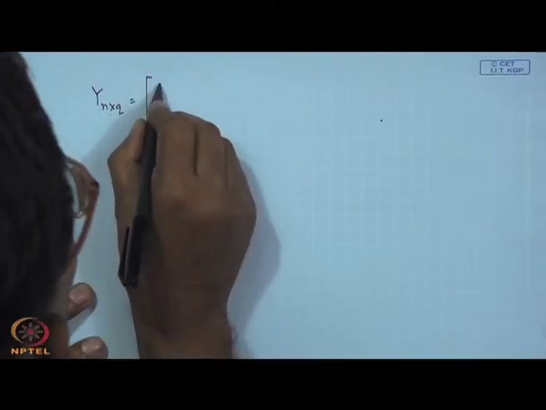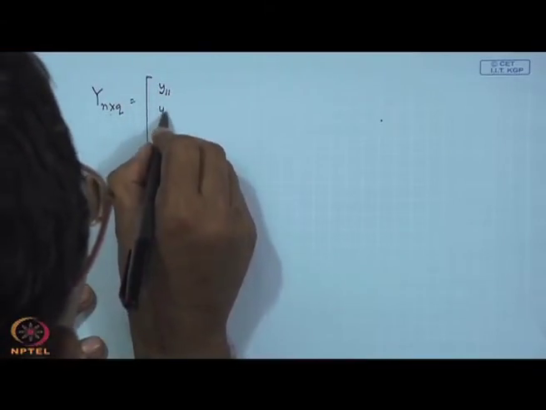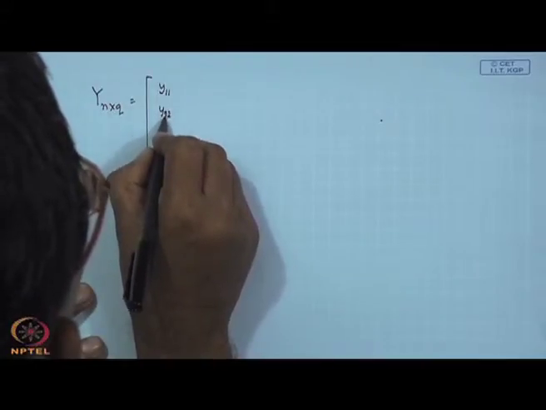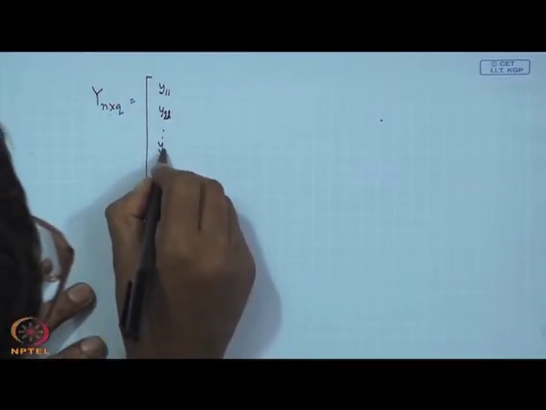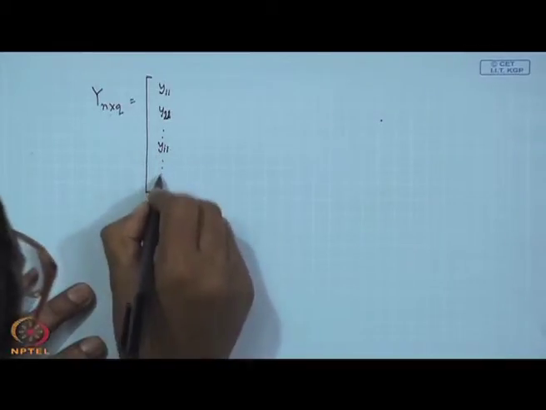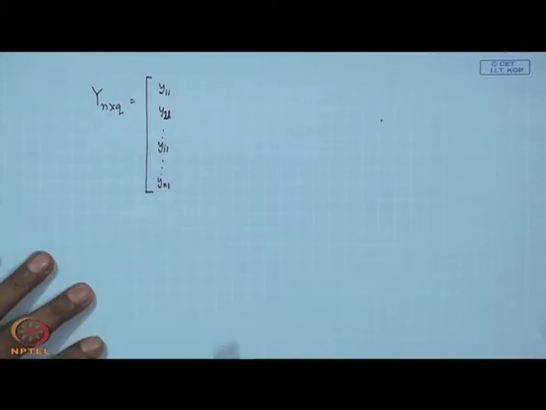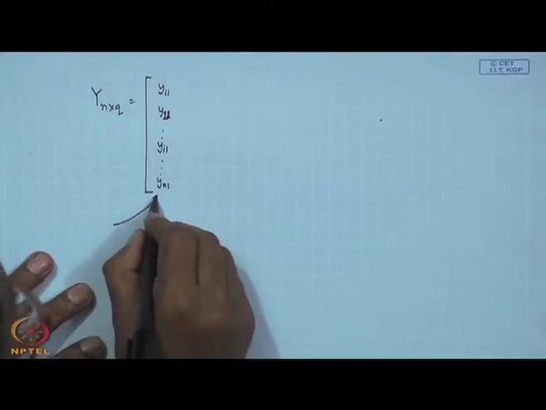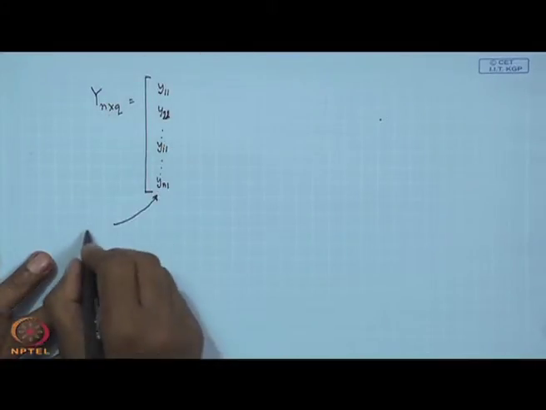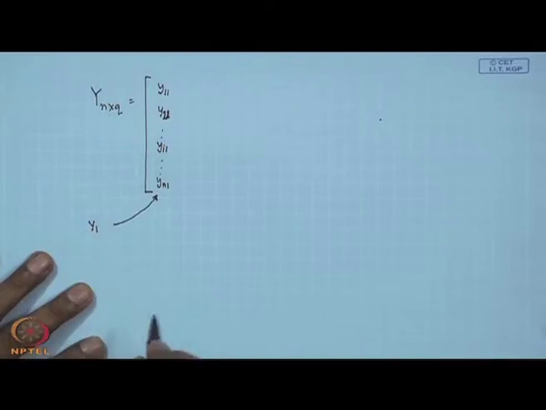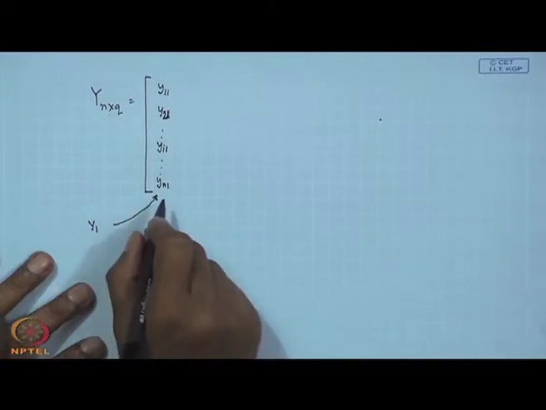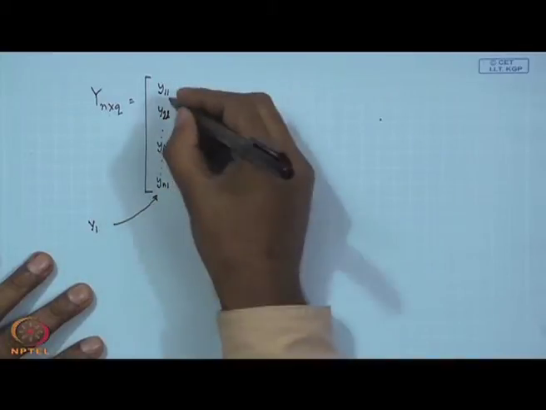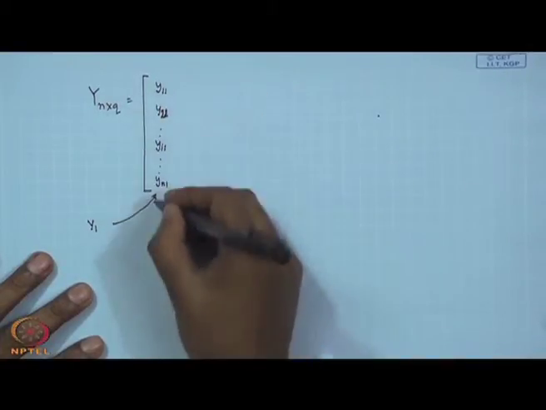So, let us write down this y11, y21 like this, yi1 like this, yn1. What is this? This data vector is on variable y1. So, n data points on variable y1, 1 to n.